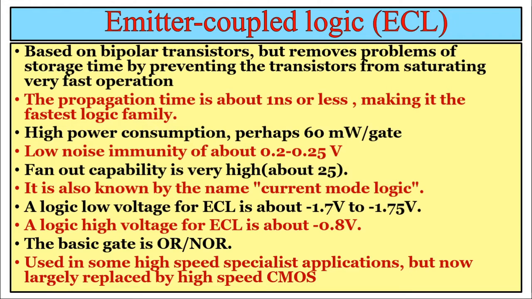It has increased power consumption, maybe up to 60 milliwatt per gate. Low noise immunity, about 0.2 volt to 0.25 volt. The output of an ECL system has very low impedance, thus the fan out of ECL is about 25.